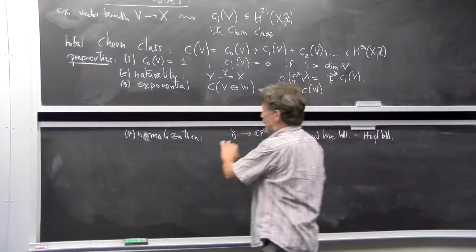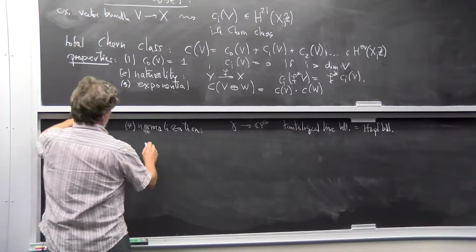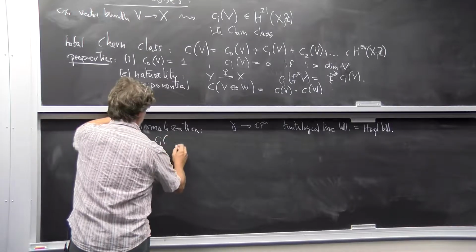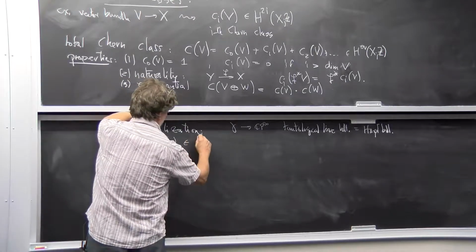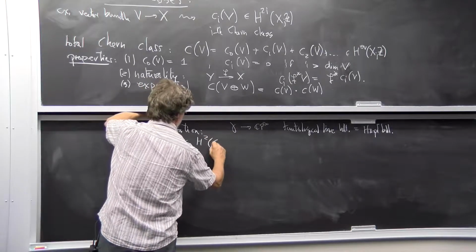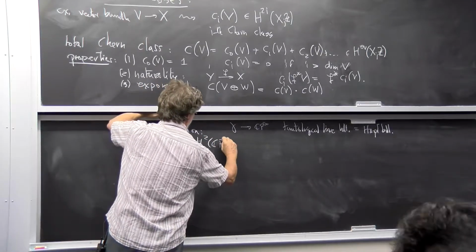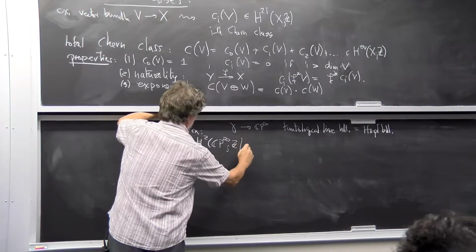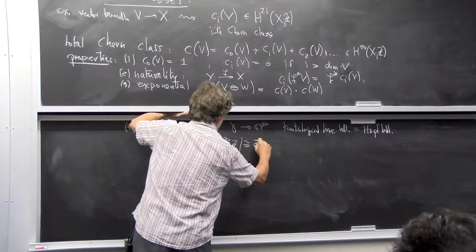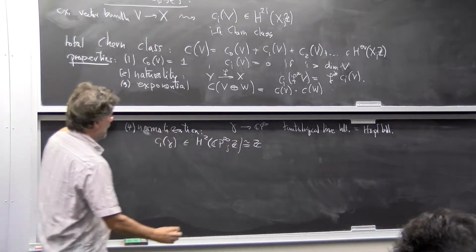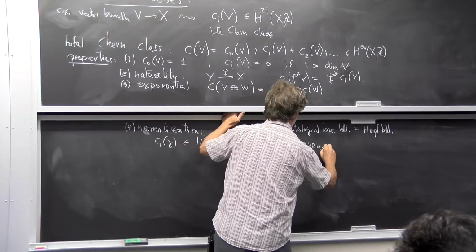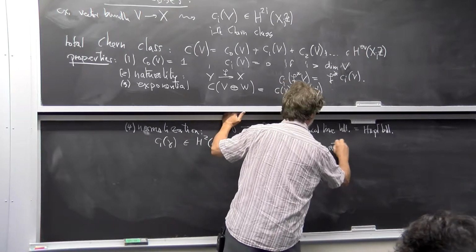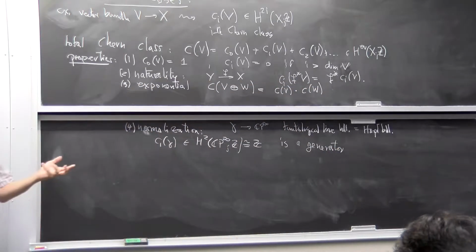Okay? And then the condition is that if I take the first Chern class of this bundle, this lives in the second cohomology of CP infinity. We know that the second cohomology of CP infinity is isomorphic to Z. And this one here is a generator. And in fact, well, then there are two generators.